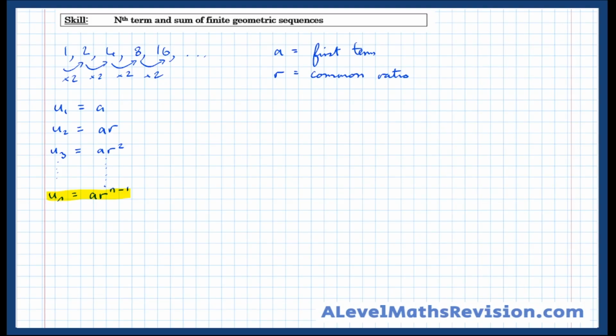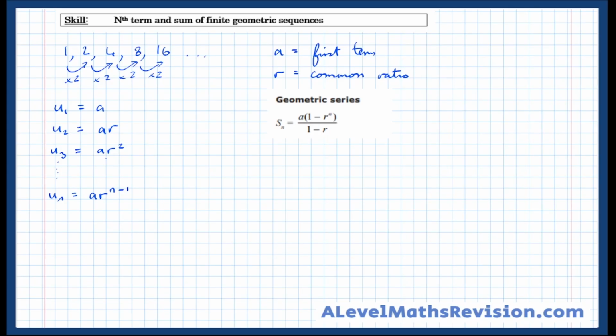But one formula that is given on the formula sheet is this one here, for the sum of the first n terms of any geometric sequence. So we know what a is, it's the first term. We know what r is, it's the common ratio between terms.